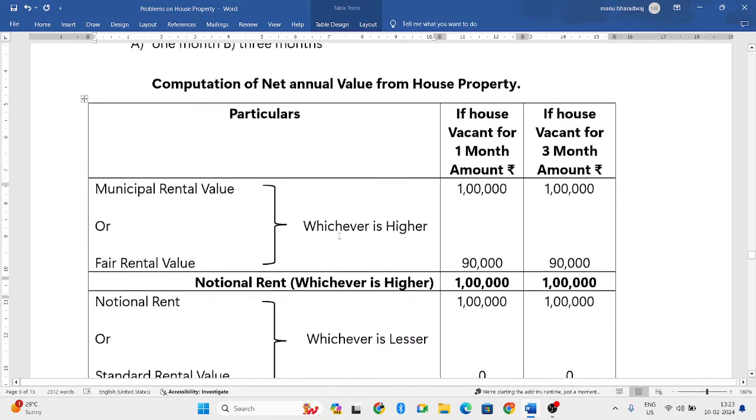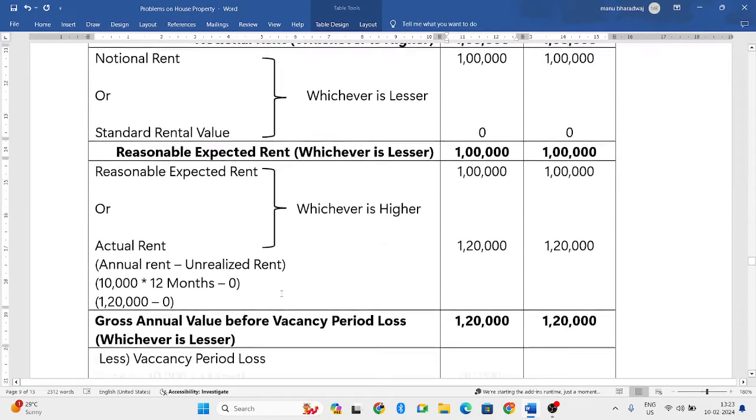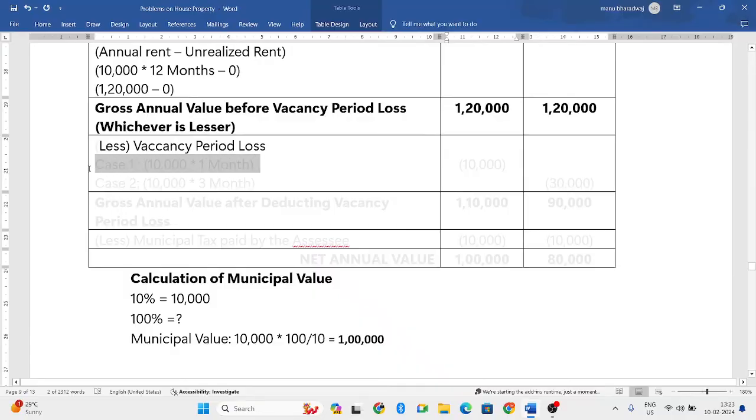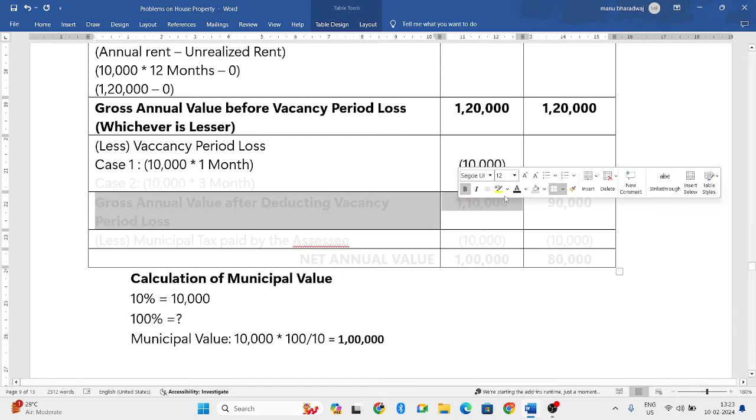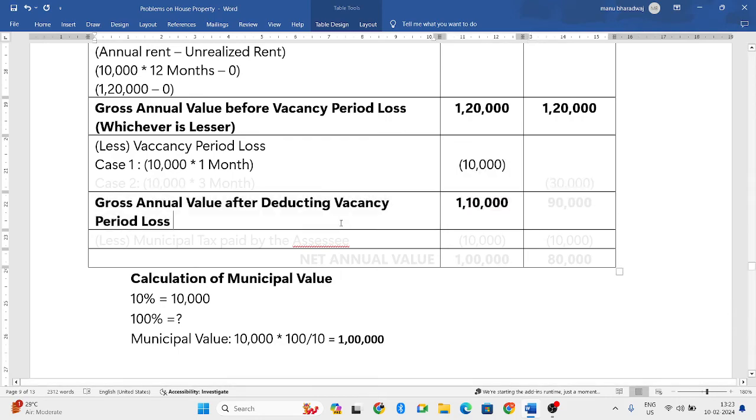For case A, they have told 1 month of vacancy period loss. So 10,000 is the rent per month into 1 month. If you do, you will get the case A vacancy period loss, that is 10,000. So if you subtract this 10,000 from 1,20,000, you will get gross annual value after deducting vacancy period loss.